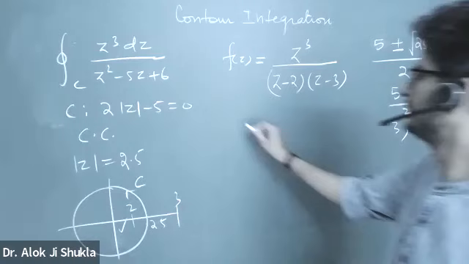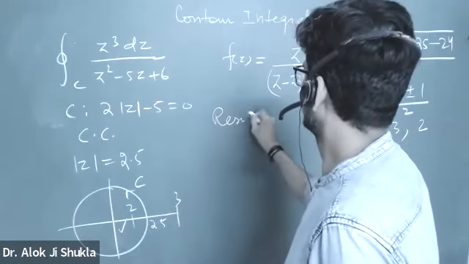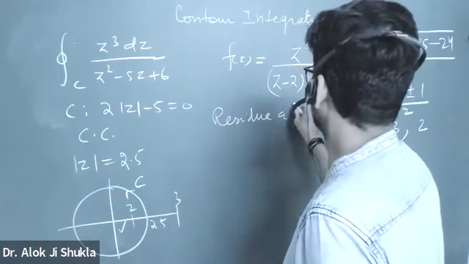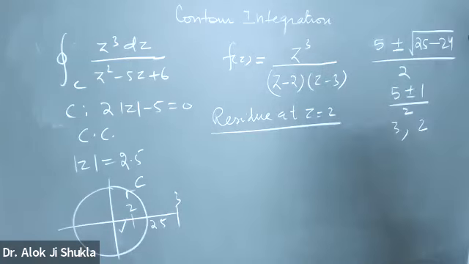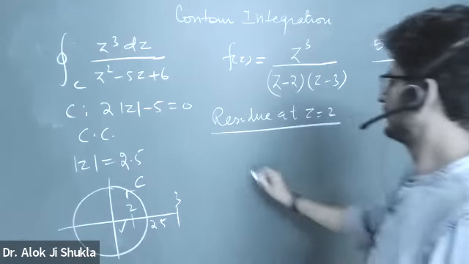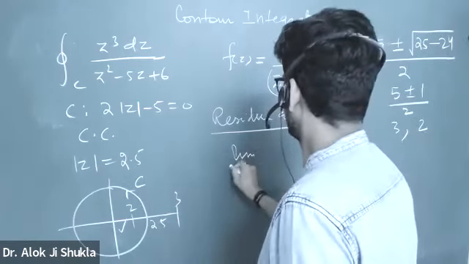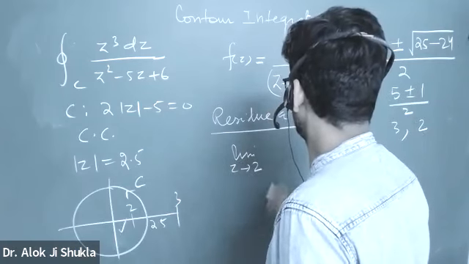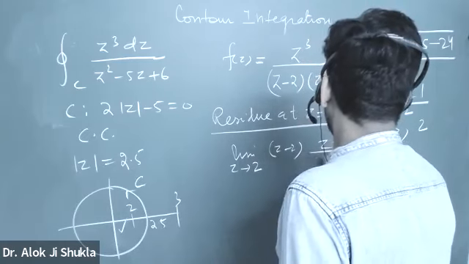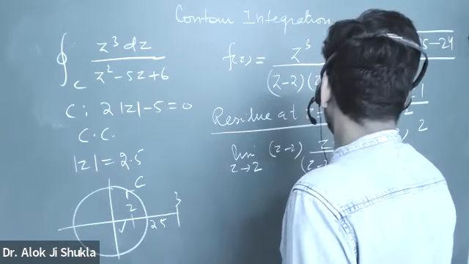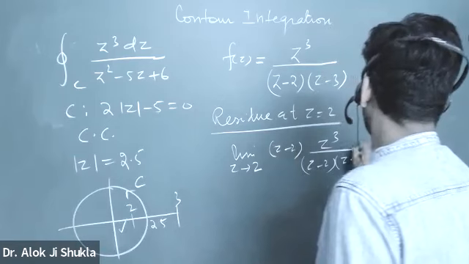So what is the residue at z is equal to 2? It will be the limit z tending towards 2 of z minus 2 times z cube by z minus 2, z minus 3.